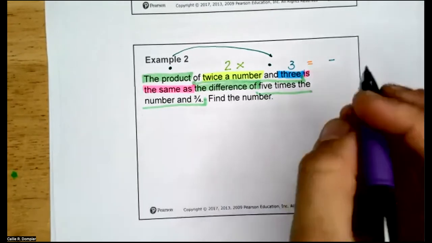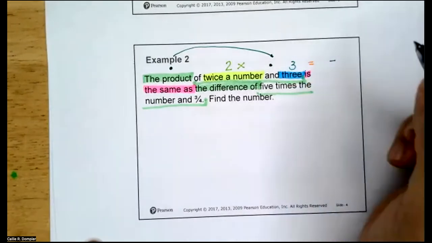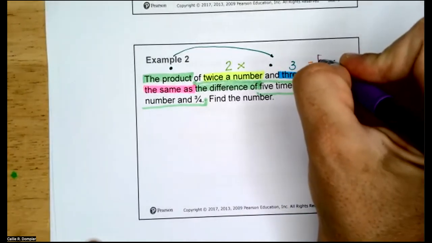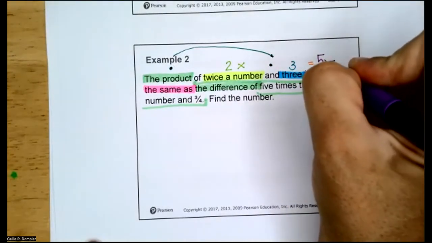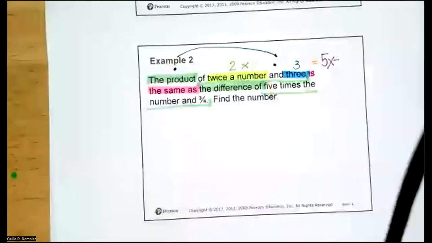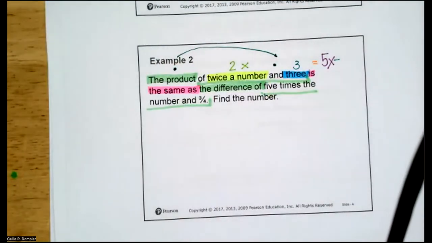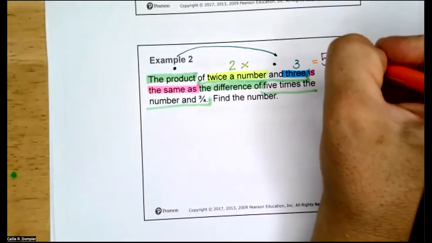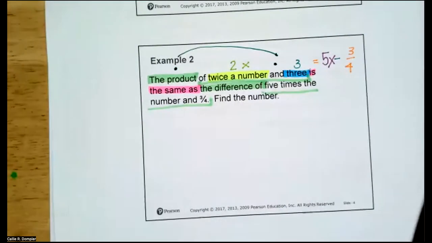Good. The difference of 5 times the number. So 5 times, we said the number is x, and 3/4, but it's minus. 2x times 3 equals 5x minus 3/4. Good?